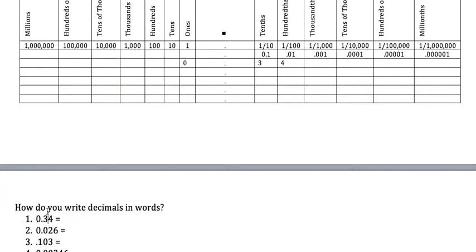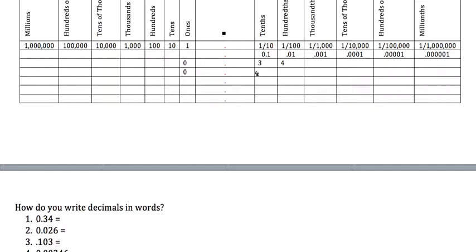If I had a number like this, for example, this one would be said as 0 and, well, the 6 is the last number that I have. So the 6 falls into the thousandths place column. So I'm going to say just 26 thousandths. So it's 0 and 26 thousandths. And I'll write it in.